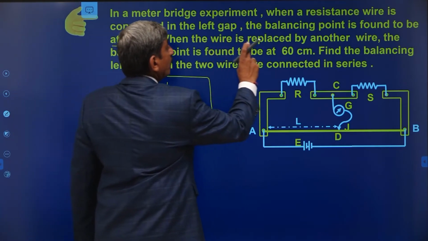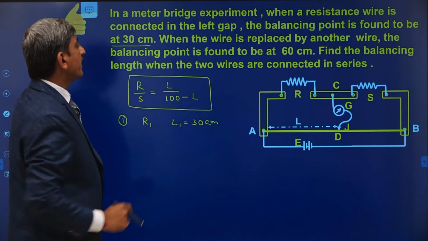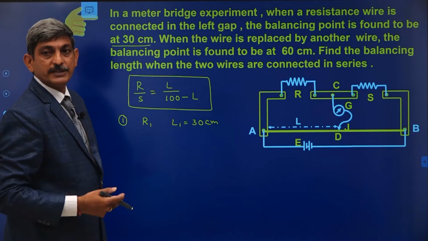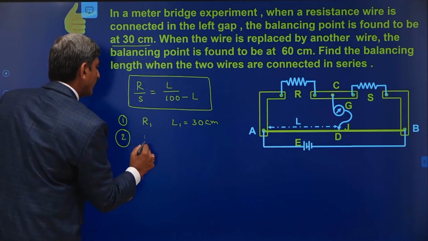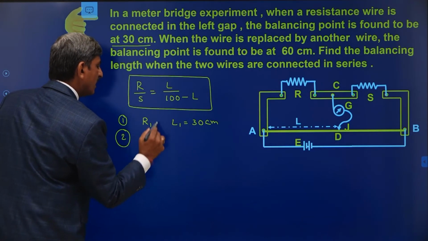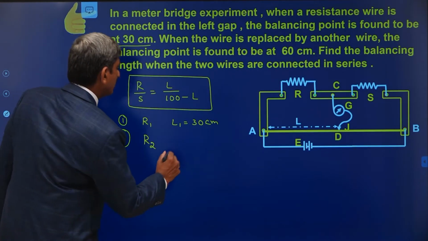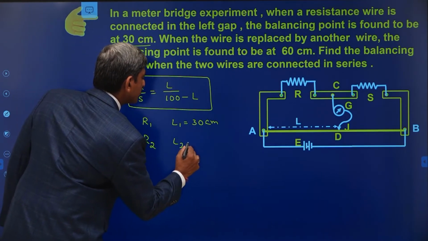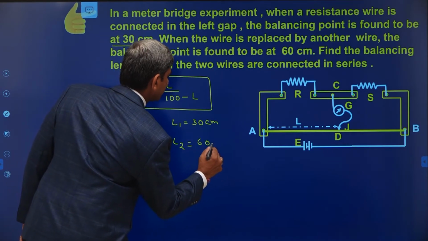When the wire is replaced by another wire, the balancing point is found to be at 60 centimeters. Now in case 2, let us assume that when the resistance of the second wire, R2, is connected in the left gap, the balancing length is found to be L2 equal to 60 centimeters.